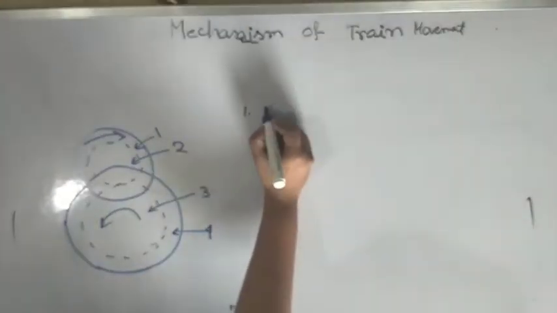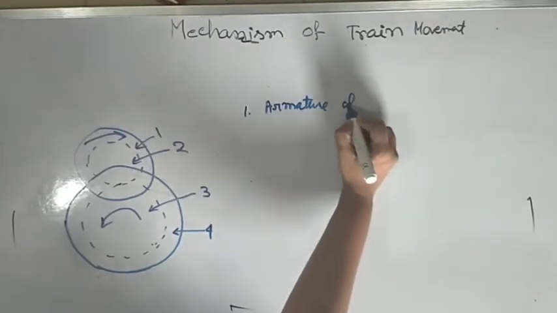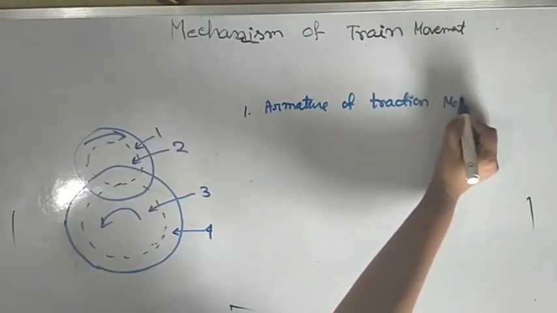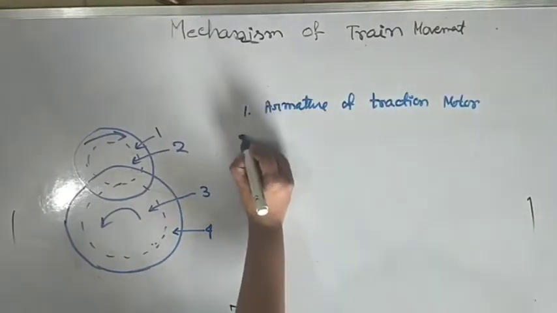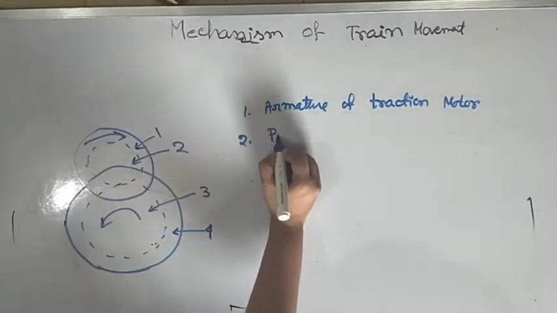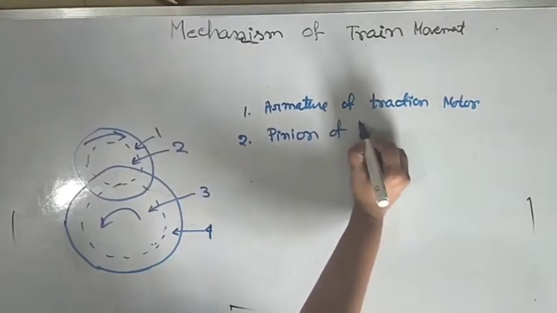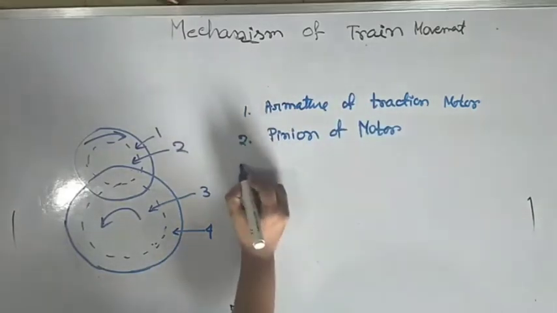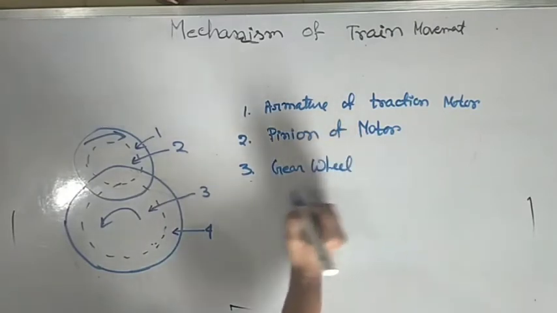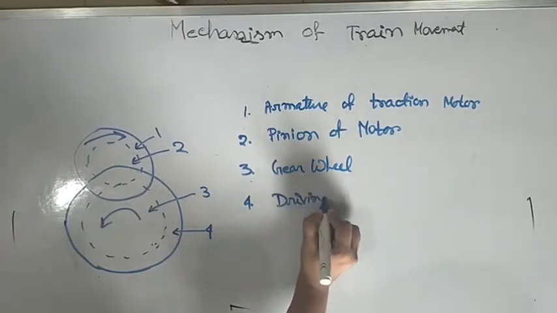Now what is 1? 1 is the armature of the traction motor. Area number 2 is the pinion of the motor. Number 3, gear wheel. And number 4 is the driving wheel.